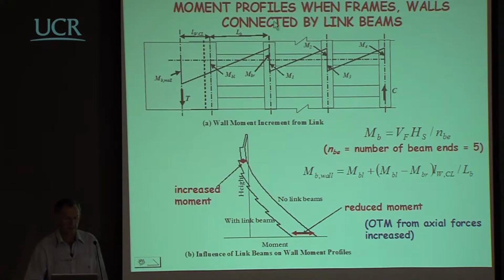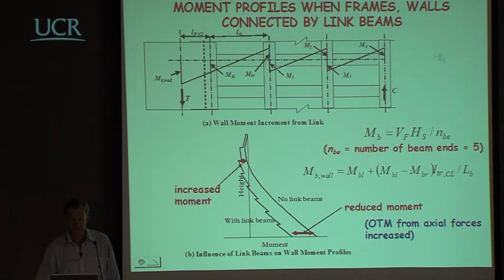The difference that occurs when we have the frame actually framing into the wall itself, so that there's a moment resisting connection rather than something that just keeps the displacements compatible, is that we develop an extra bending moment here and here, such that the response of this beam in terms of its moments induces an axial force in the end column, in the end wall here, and a compression force over here.